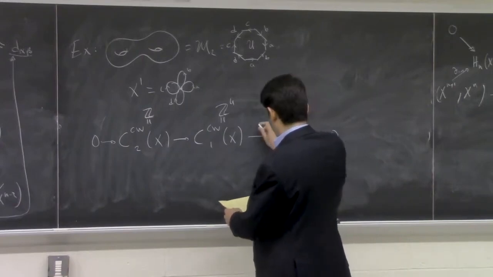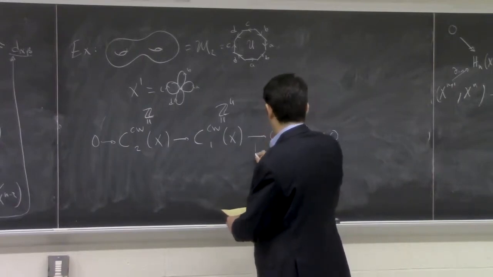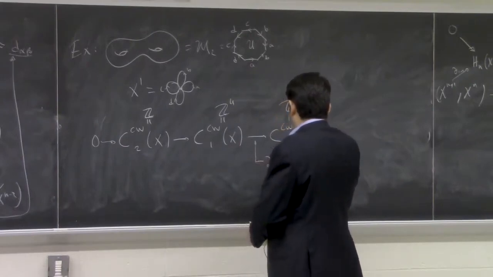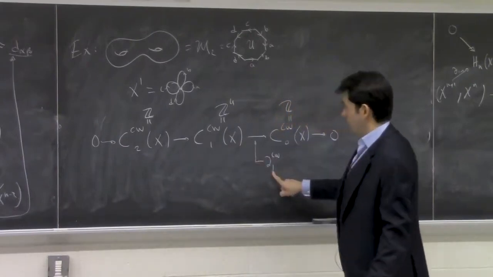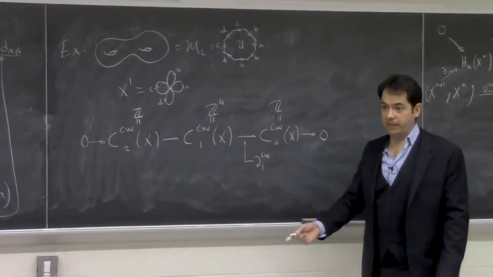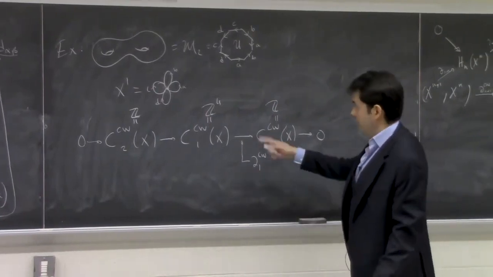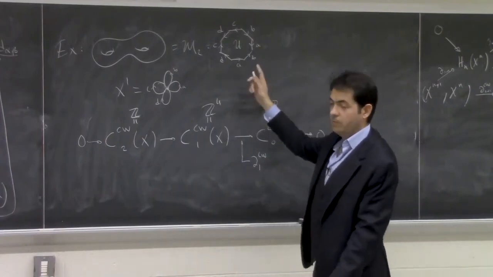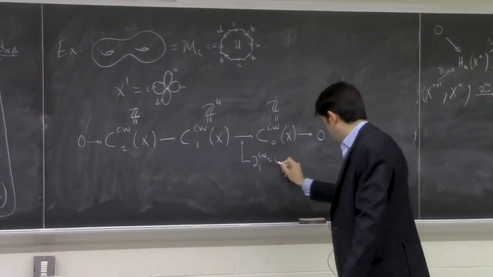The boundary map on 1-cells behaves just like the boundary map on 1-cells for delta complexes. So it's just the difference of the endpoints. And since all of them are the same 0-cell, this is just 0.